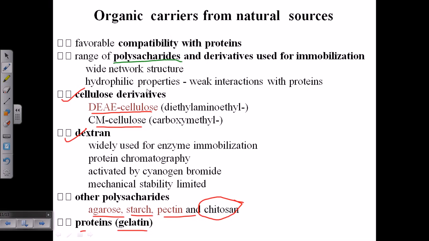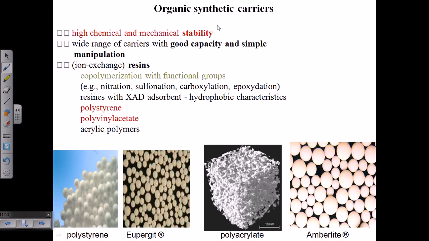In the case of organic carriers, the bonding is very effective, but they are not that stable. So we combine both ideas and produce carriers where the bonding is very stable and the interaction is very positive. Along with that, they are also very stable mechanically and very pressure tolerant. It is a very good capacity, and simple manipulation can produce this kind of synthetic carriers.